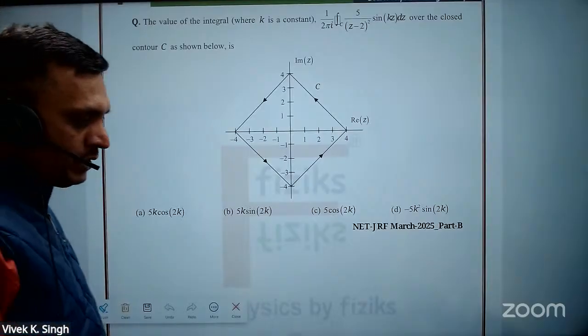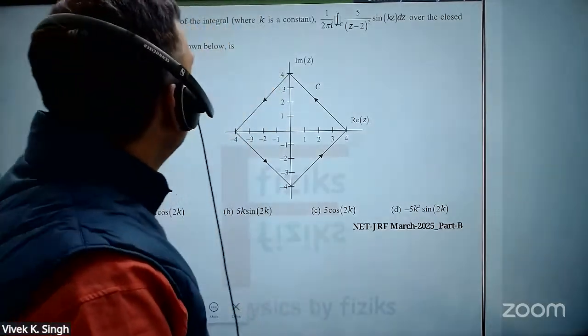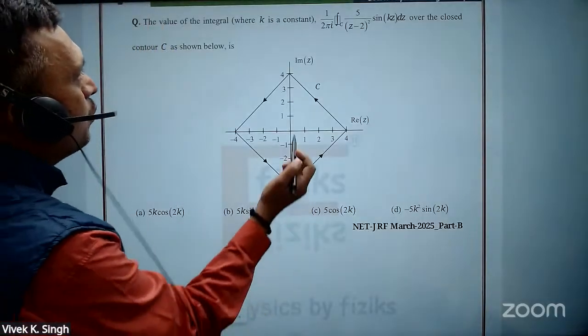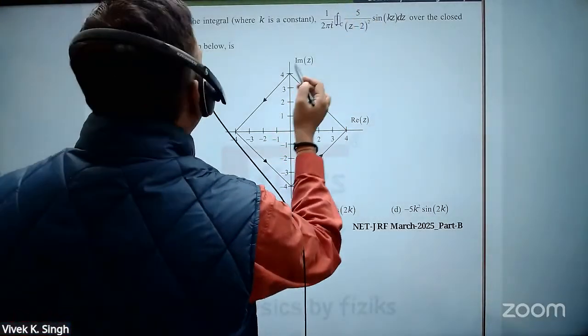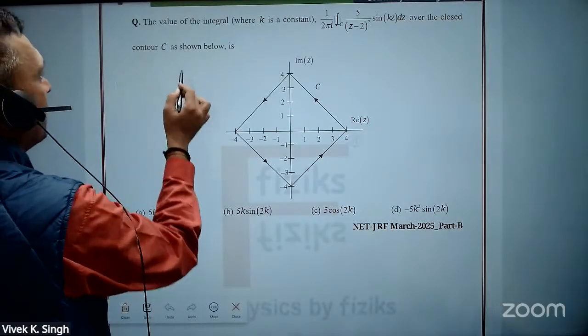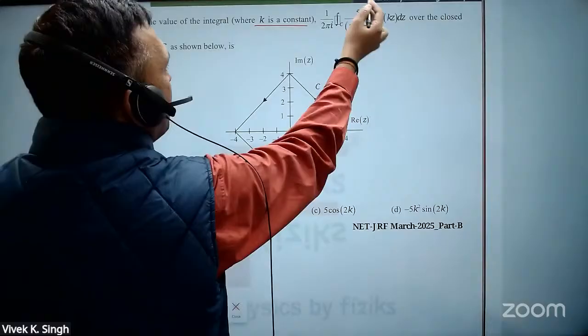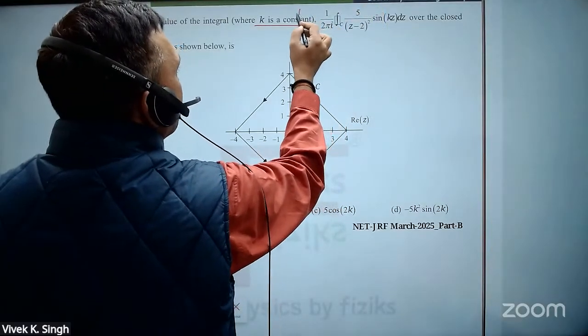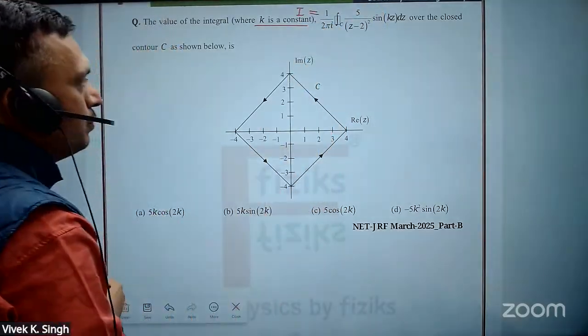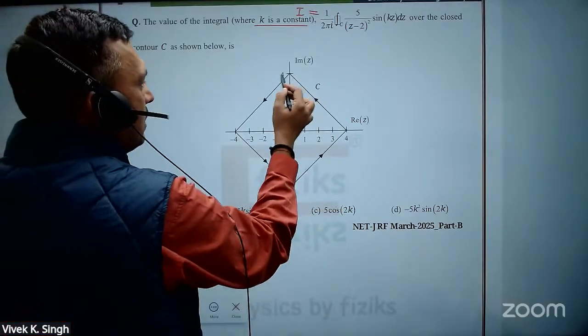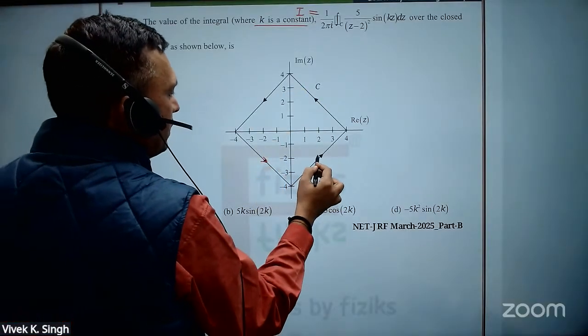So in this question, you can see you have to find the value of this integral over the closed contour C as shown in the figure, where K is some constant. So this integral value you have to find. Let's say this value is I. And this contour is in the anti-clockwise direction.